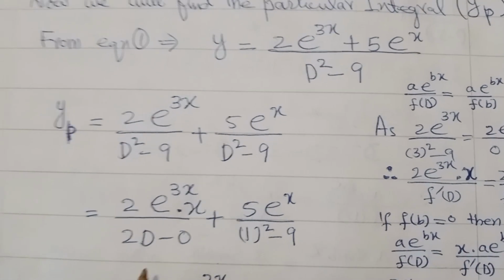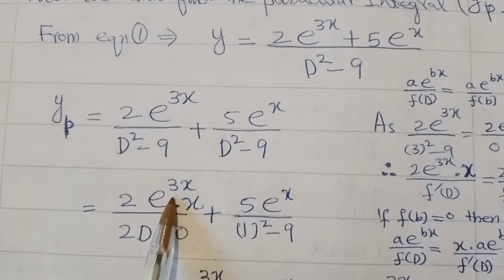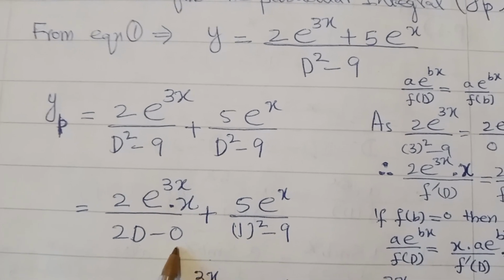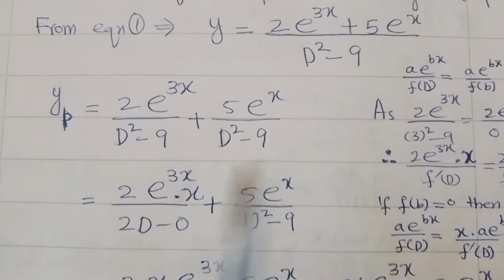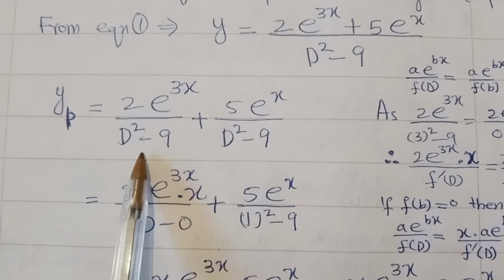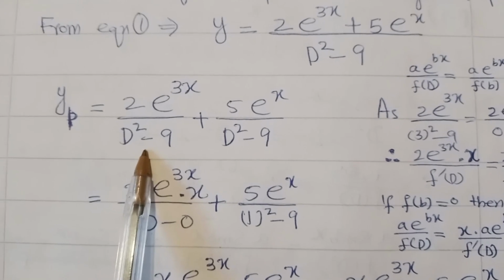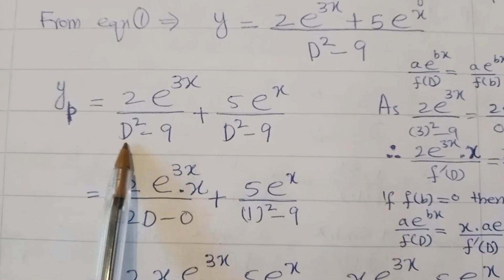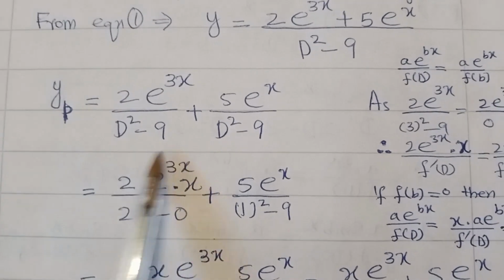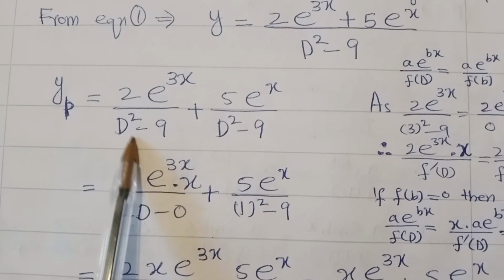So here, when we substitute b is equal to 3, this becomes 0, so we cannot apply this formula directly on this part, because the value of b is 3. When we substitute 3 here, the square of 3 will be 9, 9 minus 9 will be 0. Therefore, we apply here another rule.